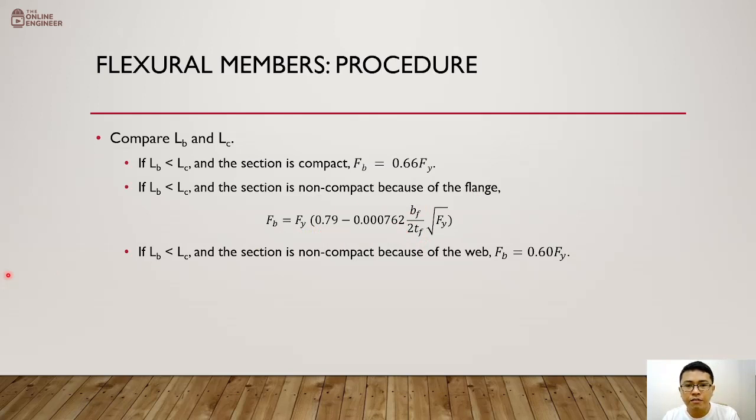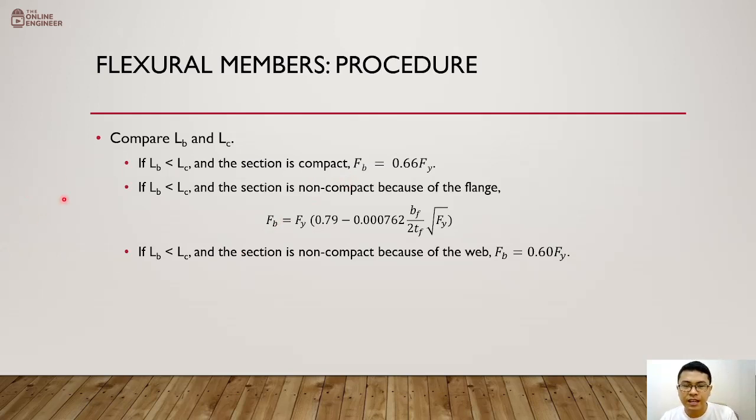If LB is less than LC and the section is non-compact because of the web, FB is equal to 0.6 of Fy. So we take note of these comparisons and we decide on the applicable allowable bending stress.